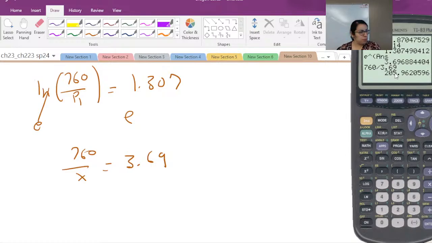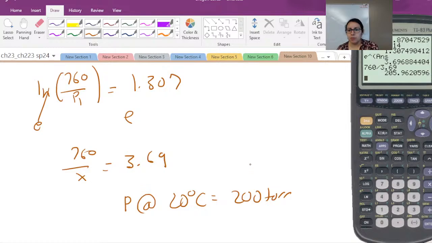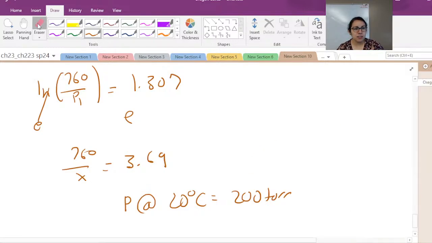And so I get a new pressure of 205 torr at that temperature. So the pressure at 20 degrees Celsius is about 200 torr, or I guess I should have rounded to 206 for a little more accuracy.